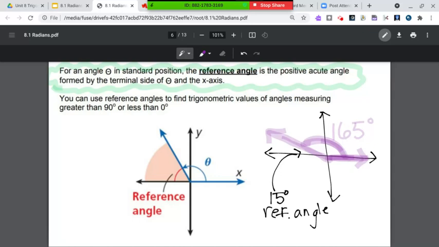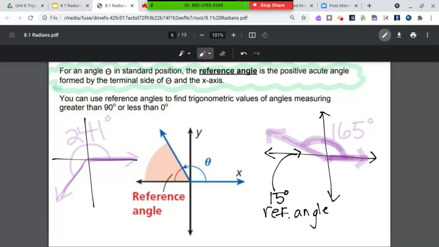Okay, let's do one more. I'll do it over here. Let's draw 241 degrees. So 90, 180. How many more do I need? 61 degrees. So 241, we'll go right here. A 241 degree angle.